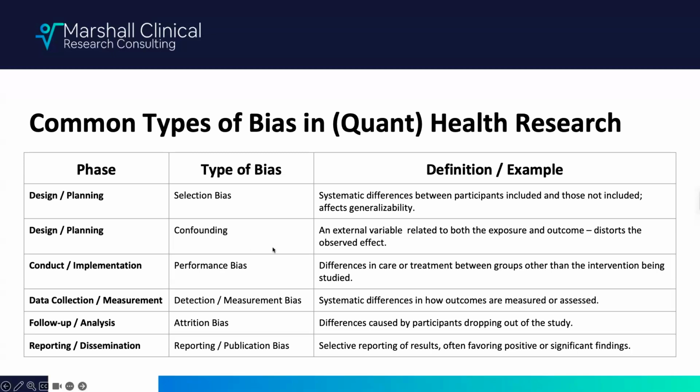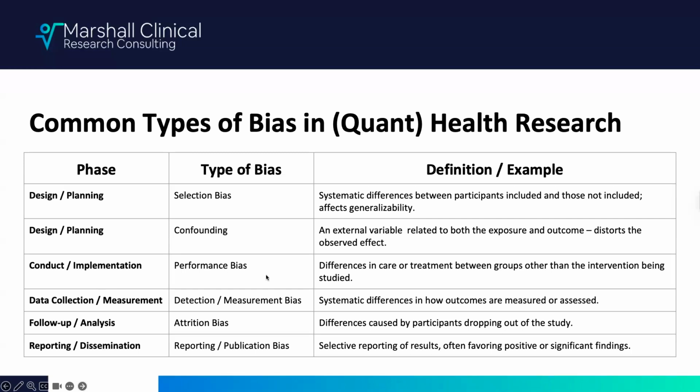Confounding is when an external variable, maybe one not thought of at times, is related to both the exposure, the intervention, and the outcome, which can distort or weaken the observed effect. We always want to look for confounding in statistical analysis. It's a really important concept to learn, and we'll dive into it more in our course.